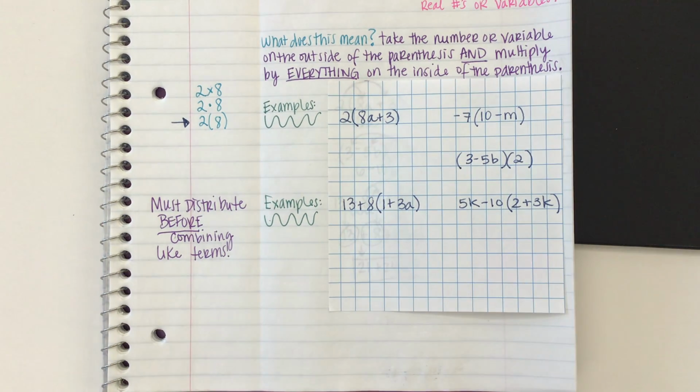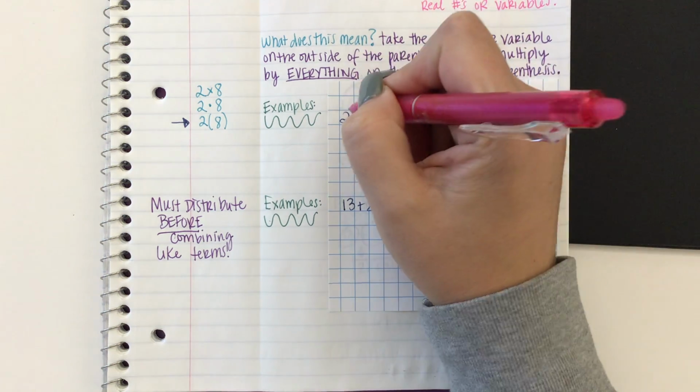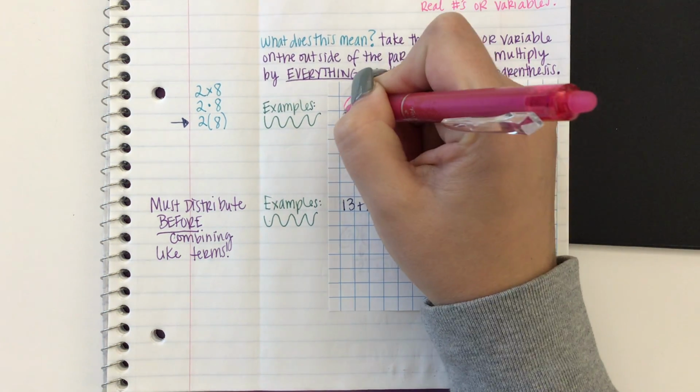Okay, so first example. We have 2, open your parentheses, 8a plus 3, close your parentheses. Please distribute and simplify this expression. So we're just going to use the definition that we just learned to distribute. You take the number on the outside of your parentheses, in this case the number 2, and you draw arrows.